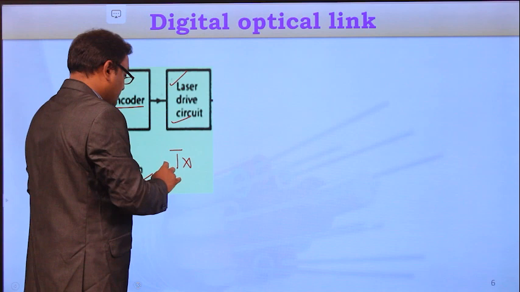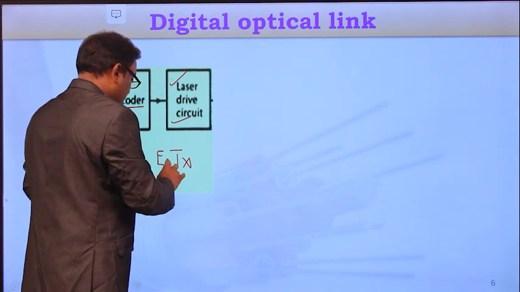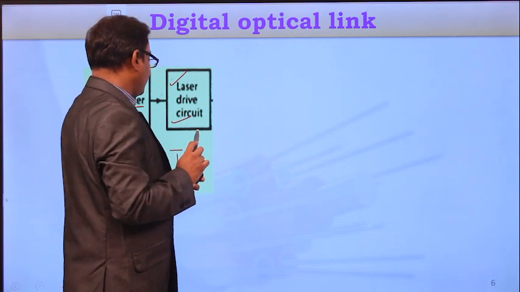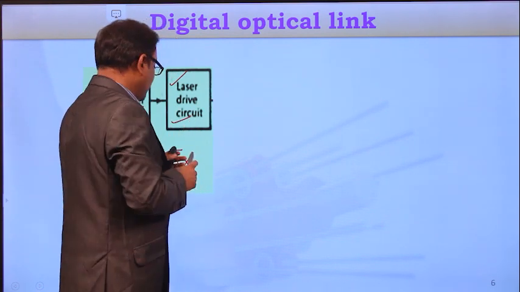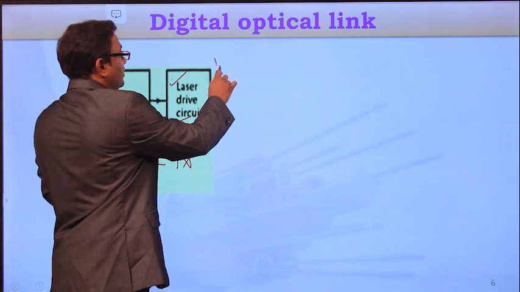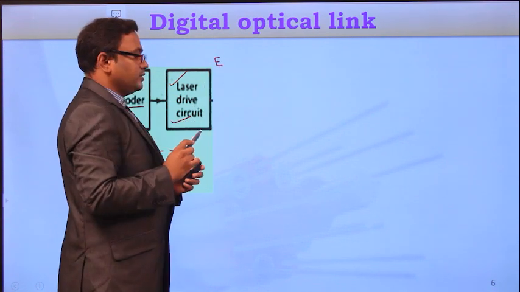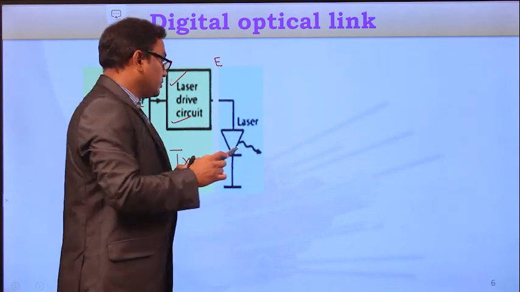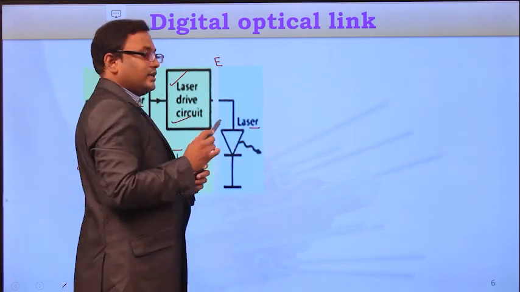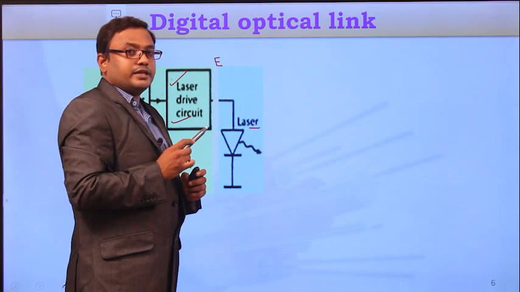And this is the transmitter section. Up to now the information is in the form of an electrical signal only, but in an optical communication system this electrical information must be converted into optical form. For that we need to use the optical source, which is nothing but the laser diode for long distance communication.